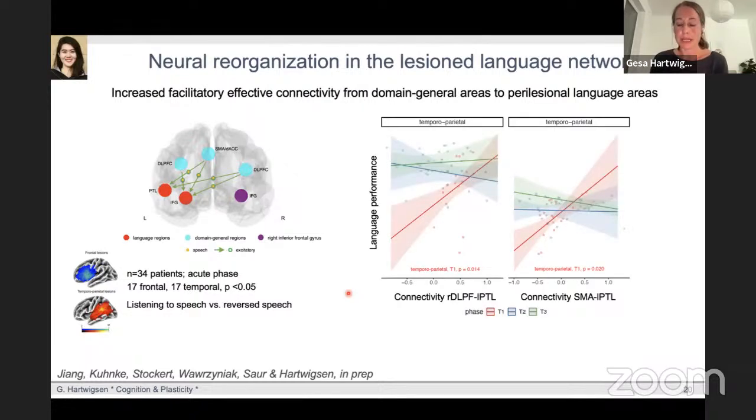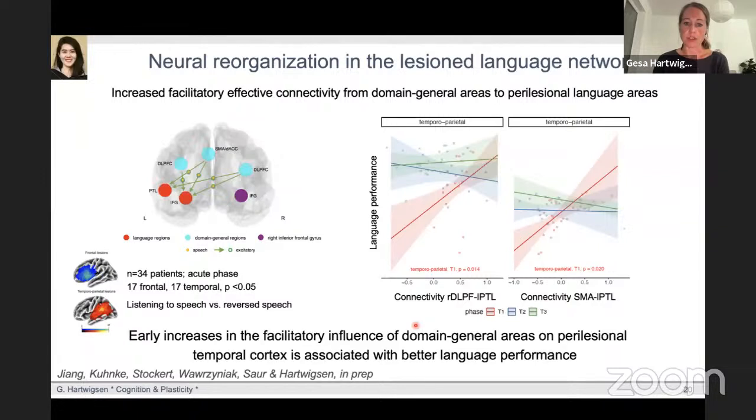And here we have some specificity. We found that the stronger the increase in the individual connectivity in the early phase, the better the remaining language performance, and selectively in those patients who had temporoparietal lesions.